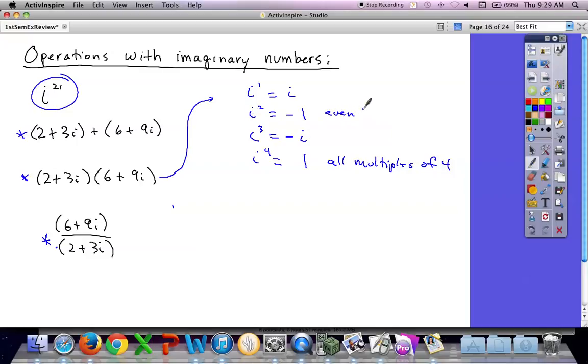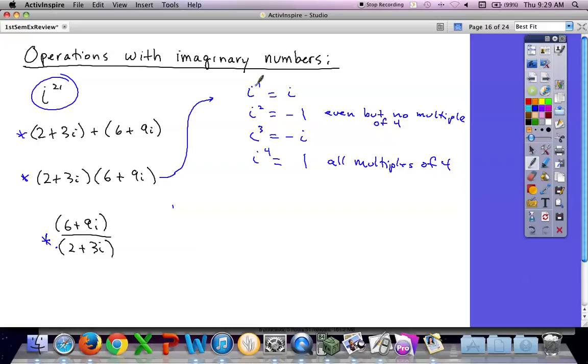Even but not a multiple of 4. Okay, if it's one more than a multiple of 4, then you're back to here. So like 5, 9, 13, all of those are going to equal i.